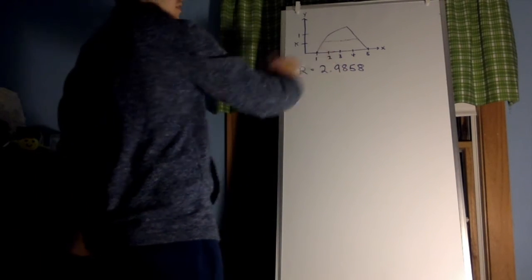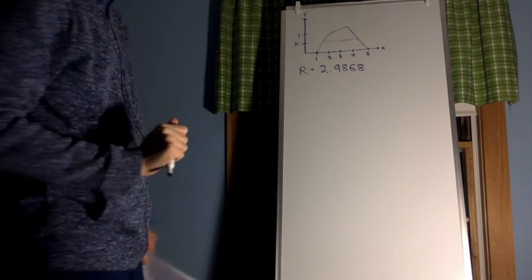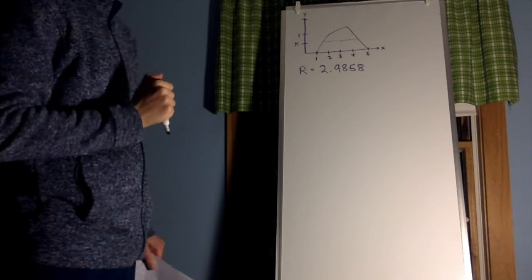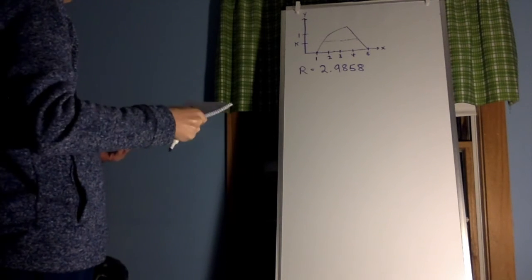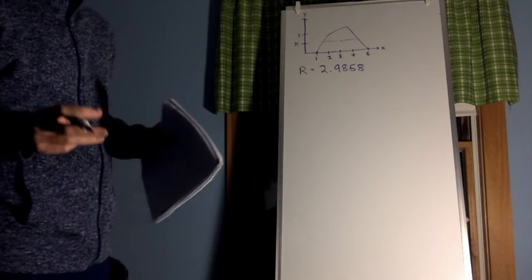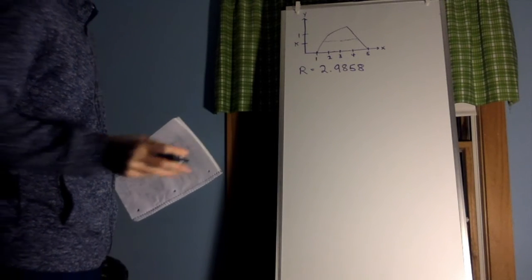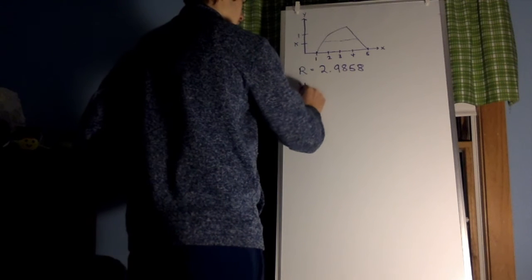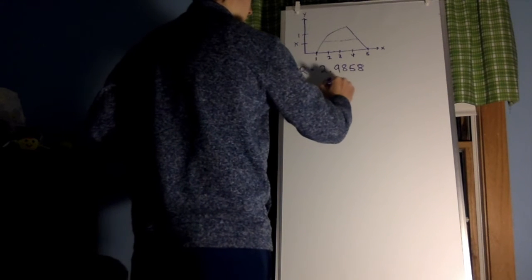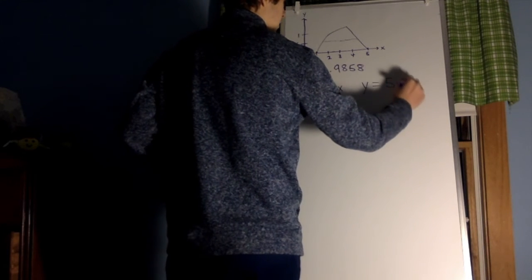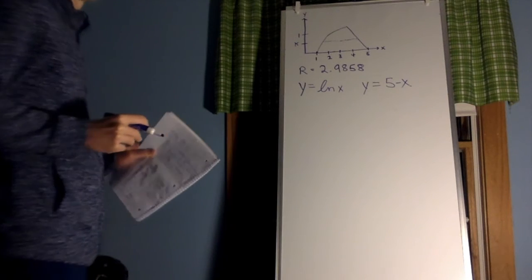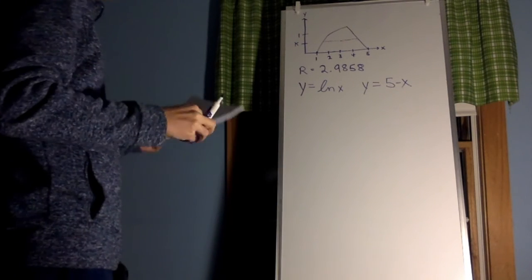In this case, we have a horizontal line, which means we could use this as a y bound and write our integrals with respect to y. And that's going to be a lot easier than doing it in terms of x. So if we're going to do anything in terms of y, we're going to have to take our original functions, y equals the natural log of x, and y equals 5 minus x, and shift those over to be in terms of y.